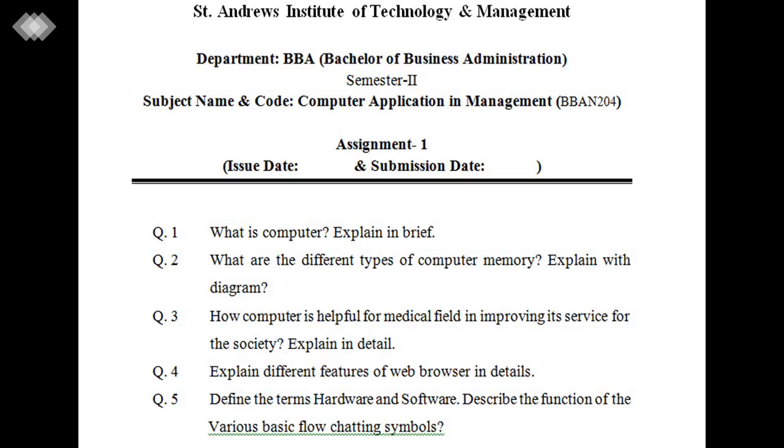Question number 4: explain different features of web browsing in detail. And the last question related to unit 1 is: define the term hardware and software and describe the functions of the various basic flow charting symbols. This is the assignment related to our unit 1, and you have already submitted this assignment.